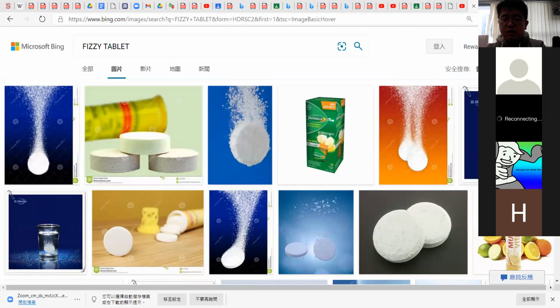Because the taste or smell of citric acid in water seems like a lemon or orange. Okay? Can you get a point?